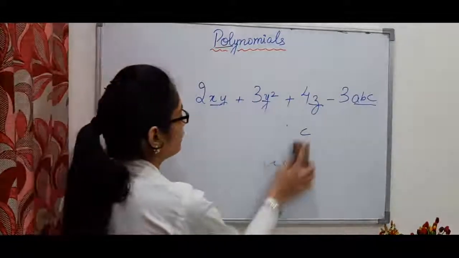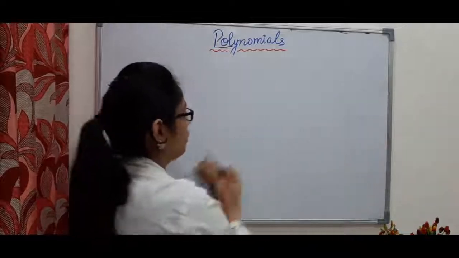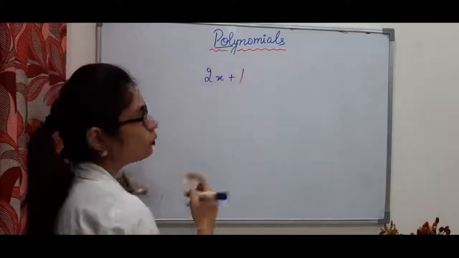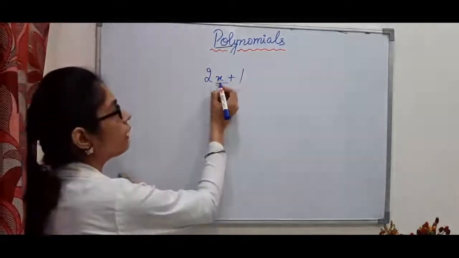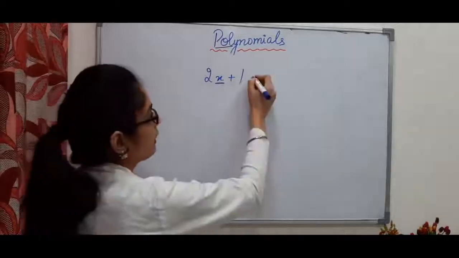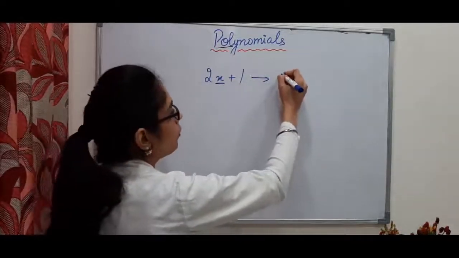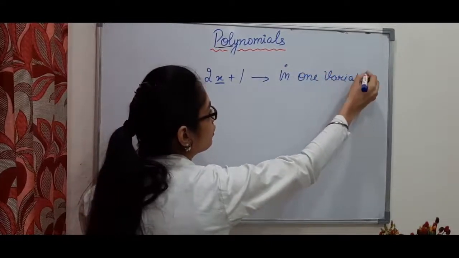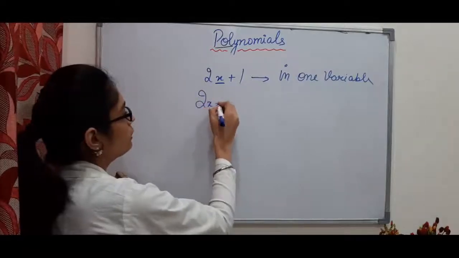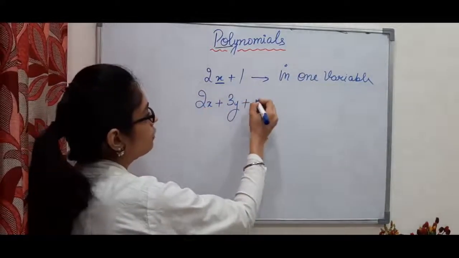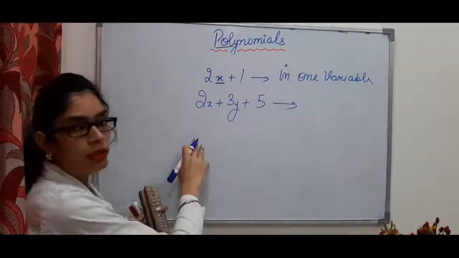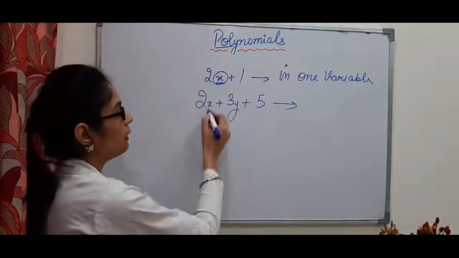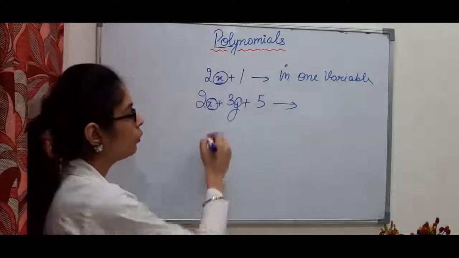So I will give you a few other examples and then you will understand. 2x plus 1. In this polynomial only one variable is present, that is x. So this is a polynomial in one variable. Then if I give you 2x plus 3y plus 5, you have to see how many variables are there. Here only one variable was there, but here if you see x and y, 2 variables are there.